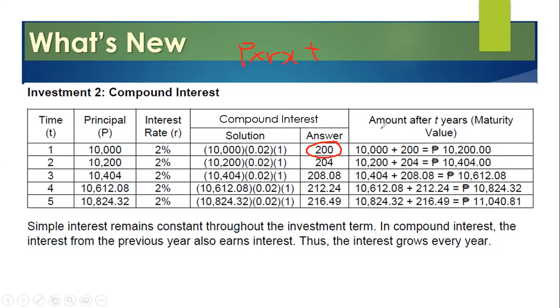And after that, okay, ang maturity value or ang future value ng pera ko after 1 year pa lang is 10,200. Okay? So after 1 year ulit, no? So magkano kaya ang kikitain ng pera ko?